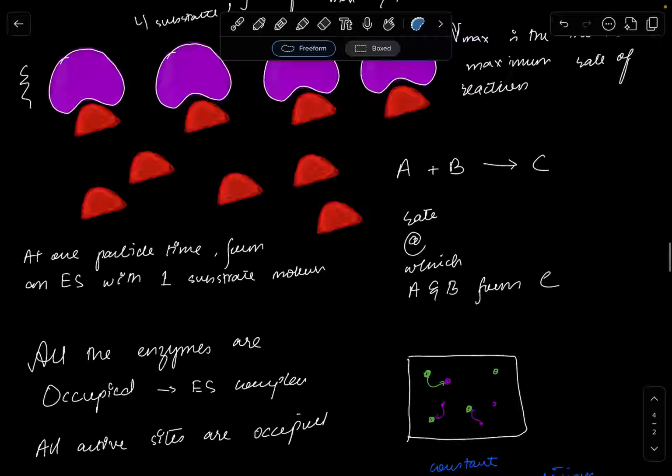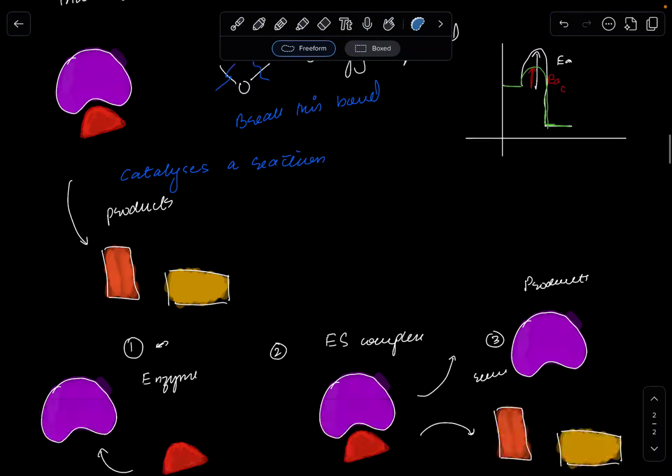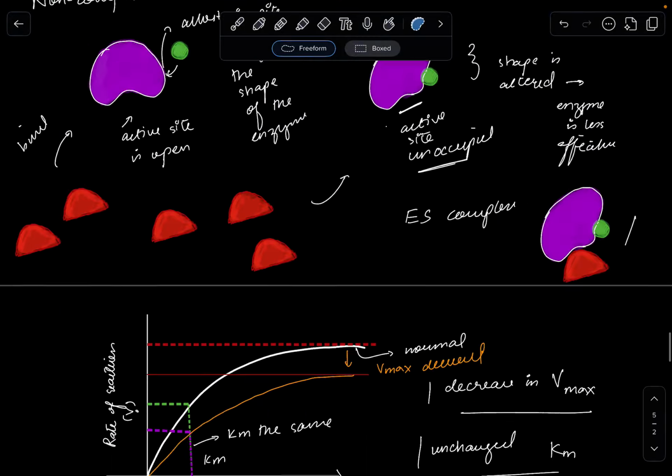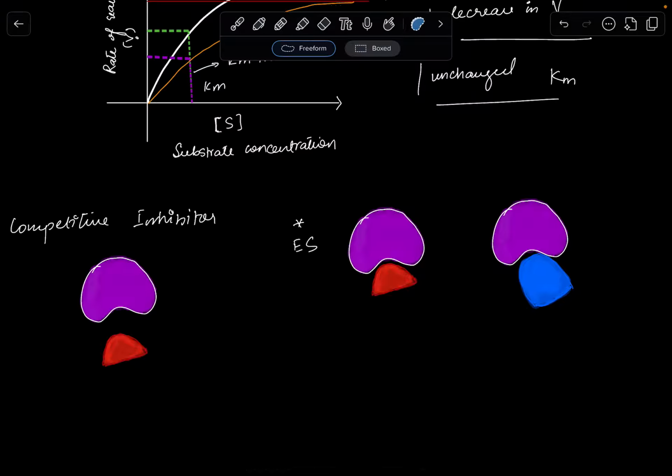Let me get it again, sorry. There you go. So it can form this or it can form that. And so effectively it means that there's only one active site.